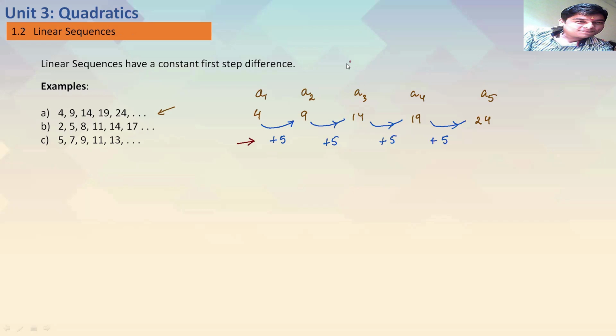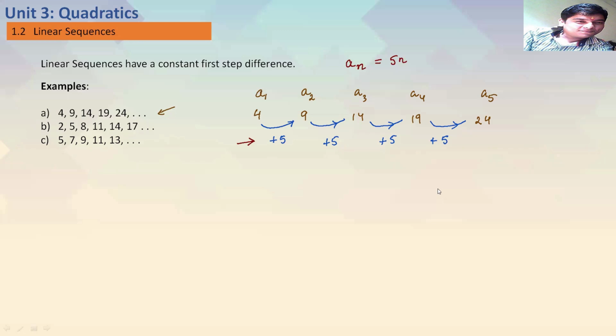Now, if I tell you to create the general term, the nth term for this sequence, what are the steps involved? Any idea? 5n minus 1. Very good. How do we get that 1? Because you have to find the first term first, 4.